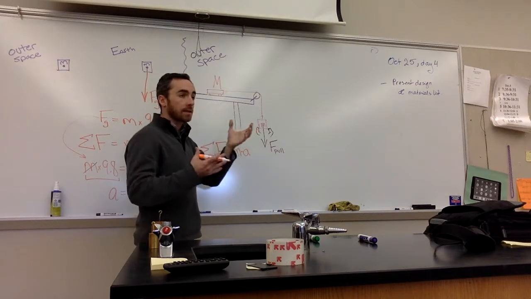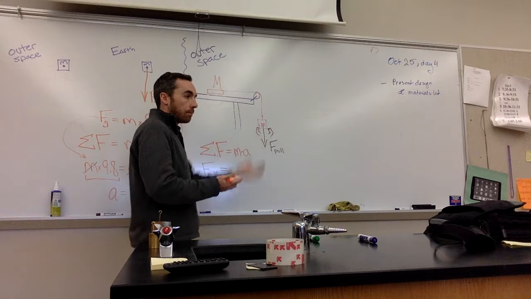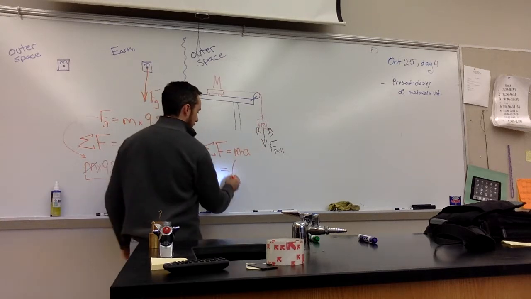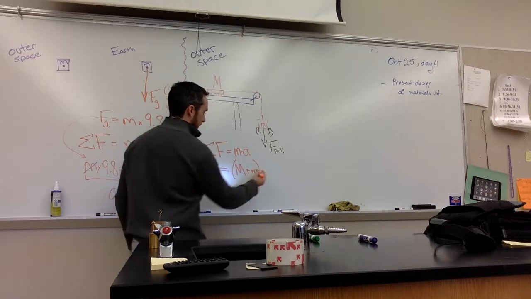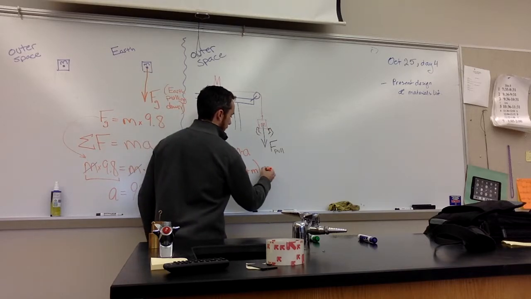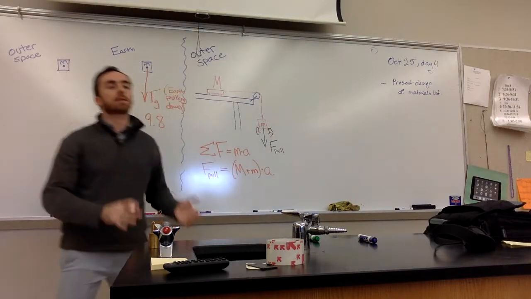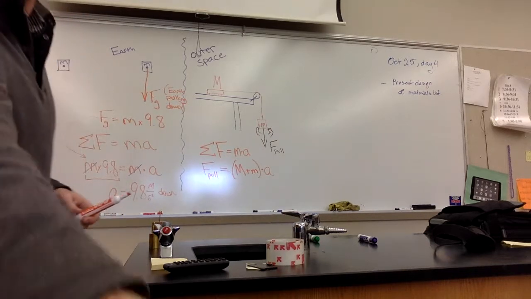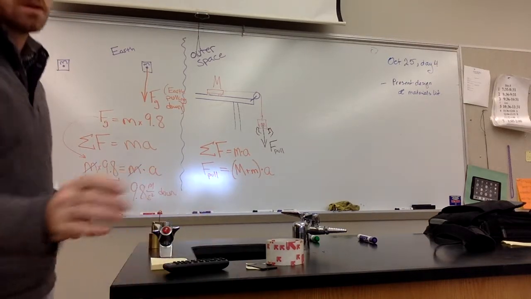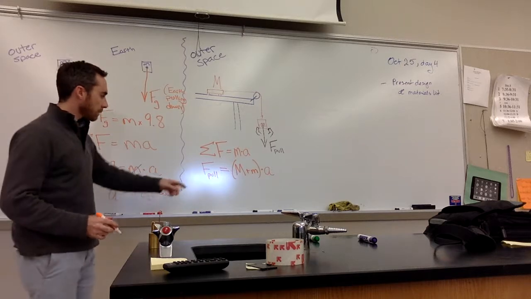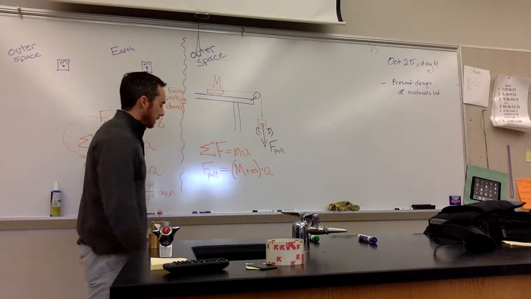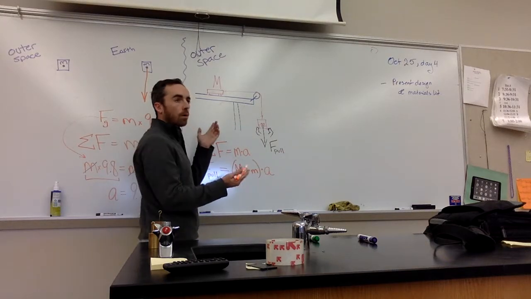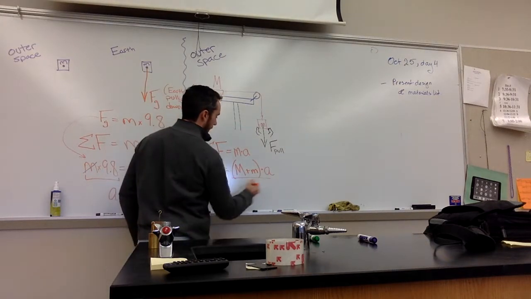Both of these want to stay where they are. I'm causing both of them to move, so I'm actually moving the whole system. So I have to take into account the mass of the entire system. So my net force equation would look like this. If I were solving for what my acceleration would be, I would just divide both sides by M plus m.